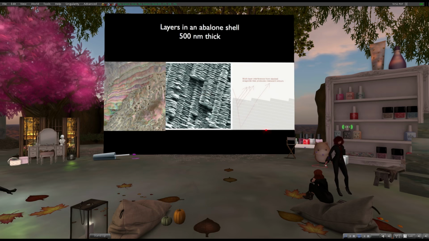And over here on the right, you can see how light comes in and reflects off one layer, 2 layers, 3 layers, 10 layers, and all of these lights interfere, add together, and give you different colors at different angles. An amazing natural coloring.